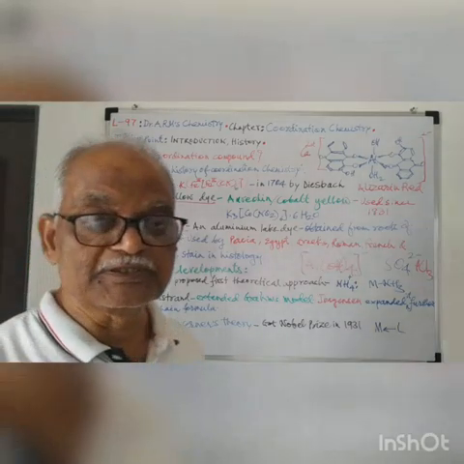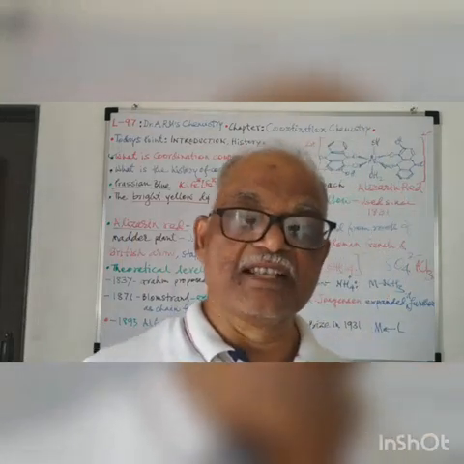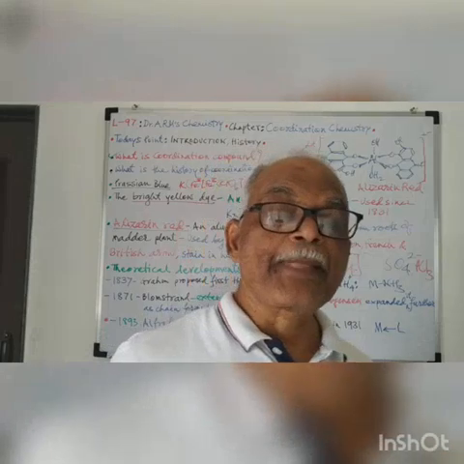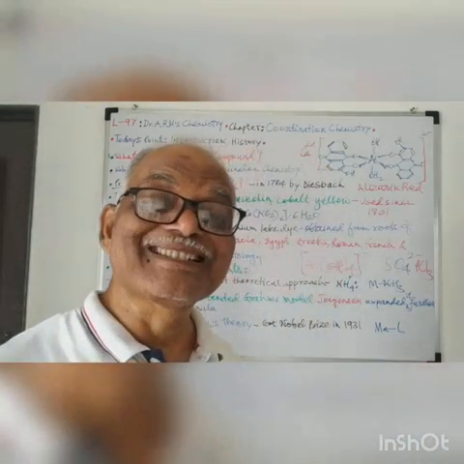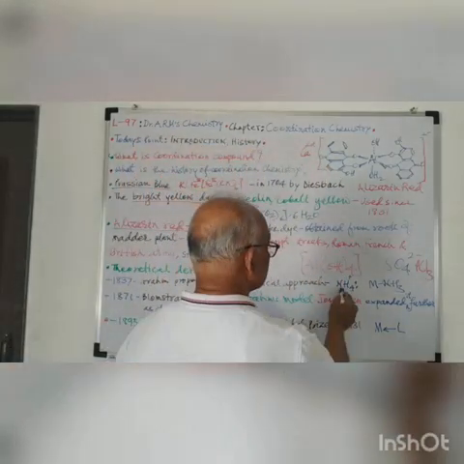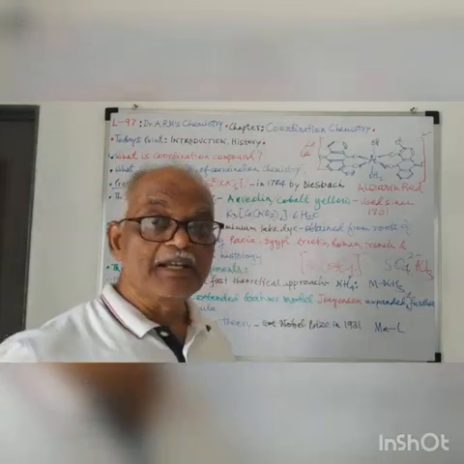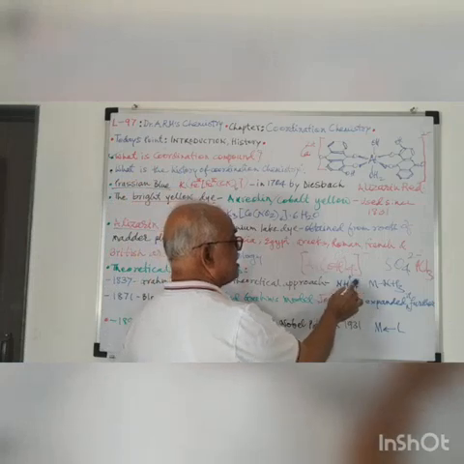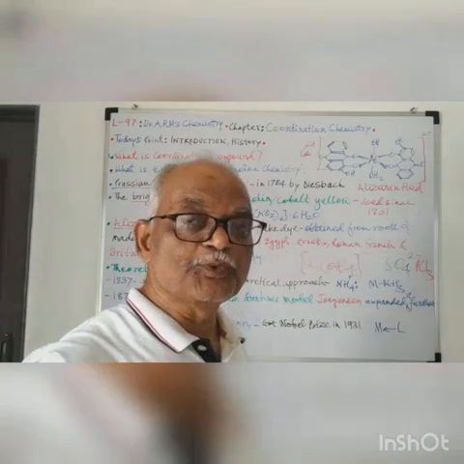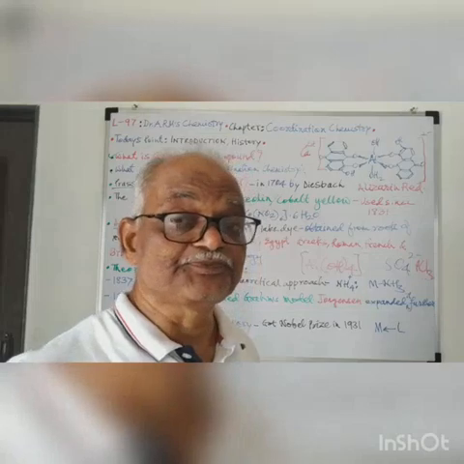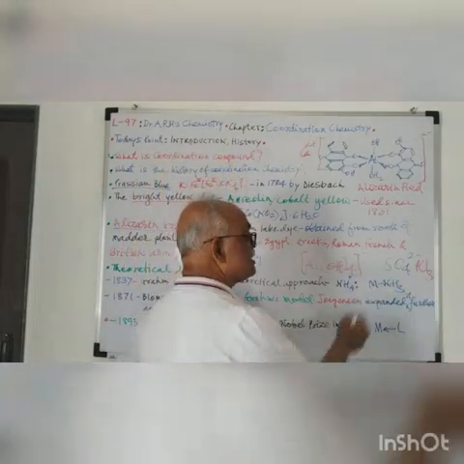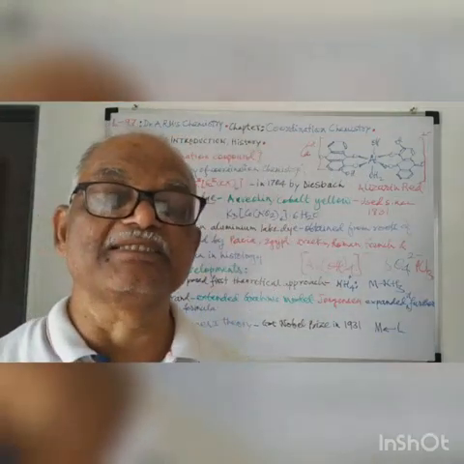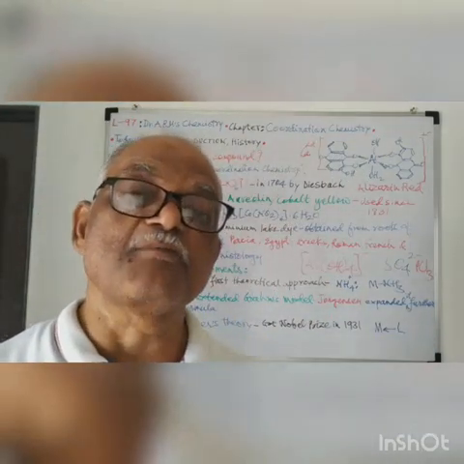So he proposed his concept as the first theory, in which he said that if we take NH4 plus ion like this, and if we replace any of these hydrogen ions with a metal ion, then it gives a coordinate bond, and this can be considered as a coordination compound.